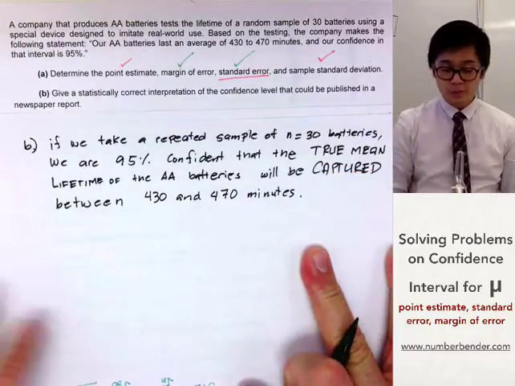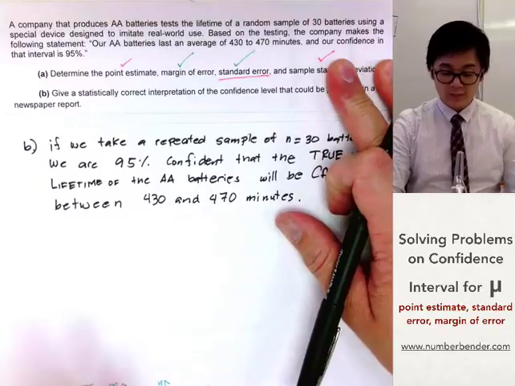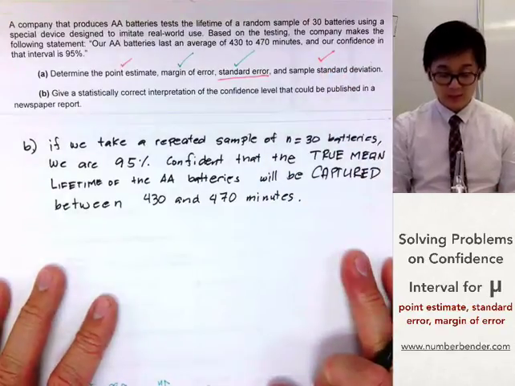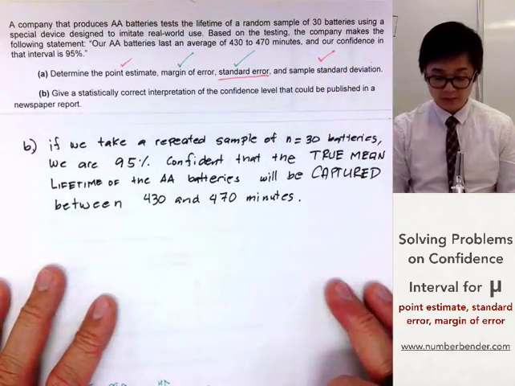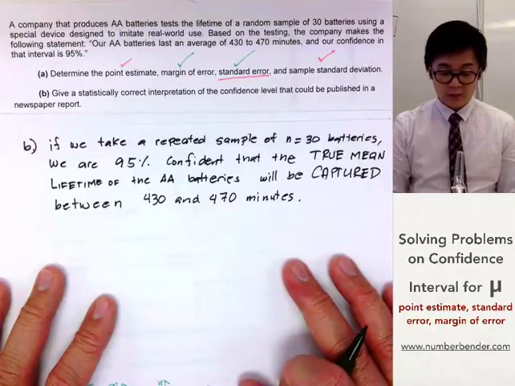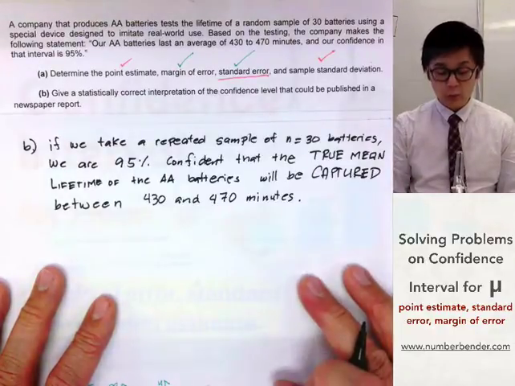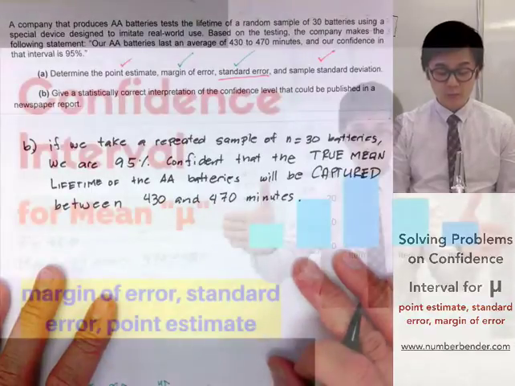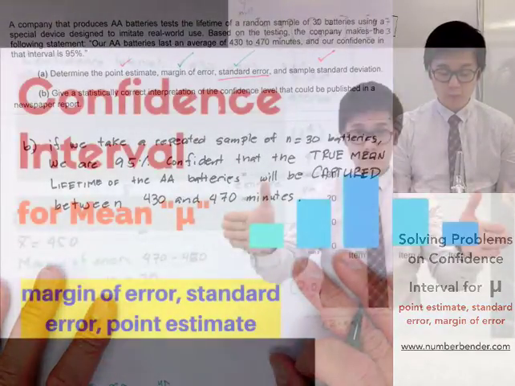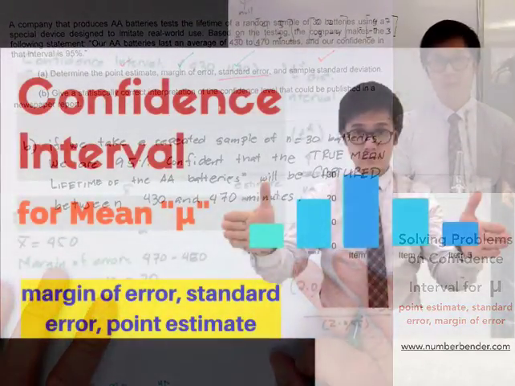So that's how we interpret the confidence interval statistically: if we take repeated samples of 30 batteries, we are 95% confident that the true mean lifetime of the AA batteries will be captured between 430 and 470 minutes.